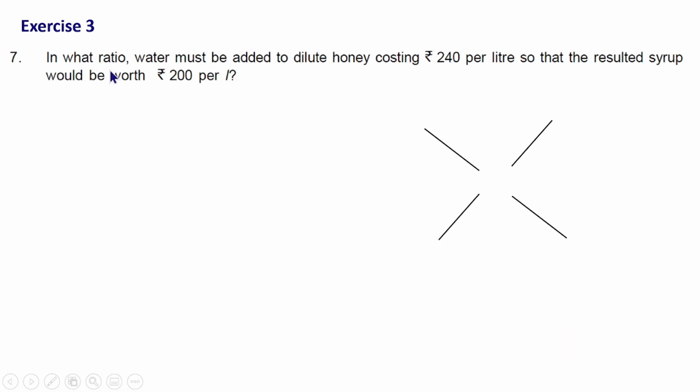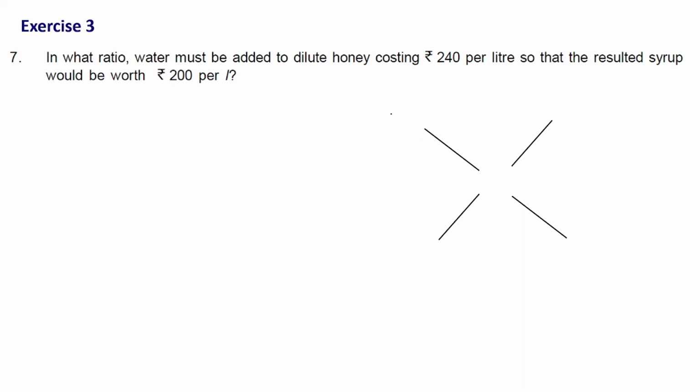Next question, in what ratio water must be added to dilute honey costing rupees 240 per liter so that the resulting syrup would be worth rupees 200 per liter? So we need to find the ratio in which water must be added to dilute honey costing 240 per liter so that the resulting syrup is 200 rupees per liter.